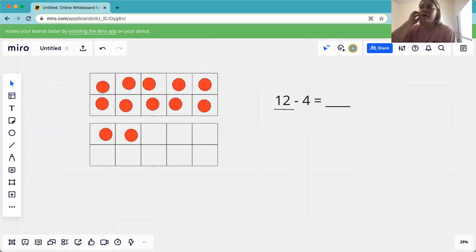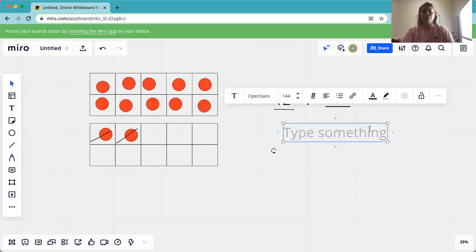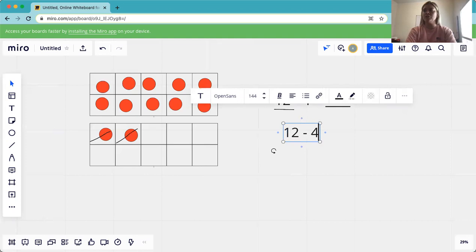All right, I have my 12 here. Alrighty, so again, here's my top that has 10 in my tens frame, and then my bottom only has 2, and I know that's a smaller amount, so I'm going to go ahead and get rid of those 2 to make my 10. So 1, 2. So I know that I got rid of 2 from my 12, so 12 minus 2 equals my 10.